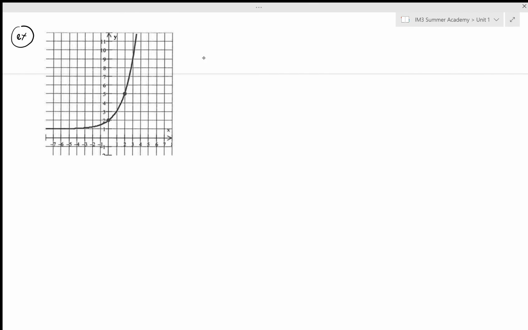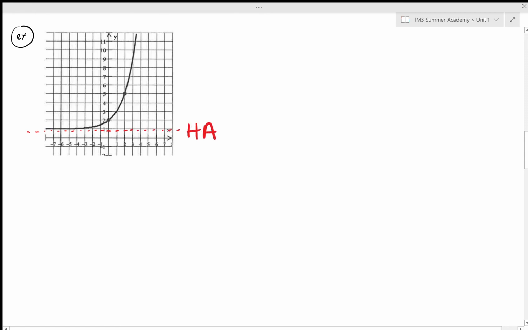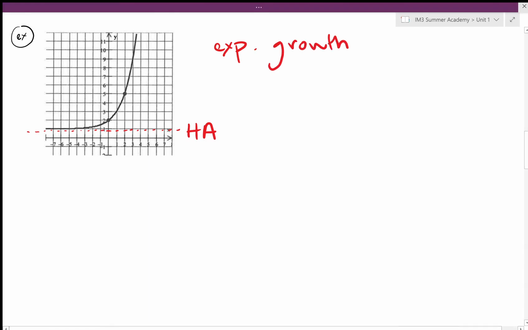If it has a horizontal asymptote, so if there's a horizontal line that it looks like it's approaching, it's going to be an exponential. So you see how that line flattens out eventually at this number here, which is 1. That is a horizontal asymptote. I'll label that as HA. So this one right here that we found is exponential, and from left to right it's going upward, so this is an exponential growth graph.